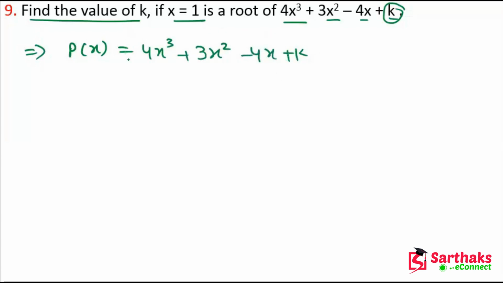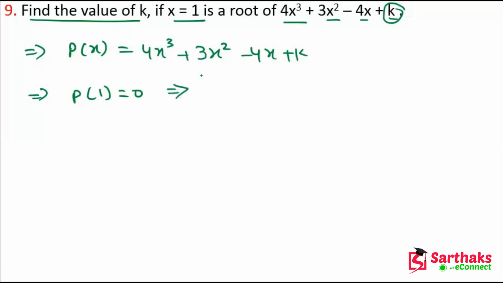And we know that x is equal to 1 satisfies this equation, means it is a zero of the polynomial, so p of 1 is equal to 0.